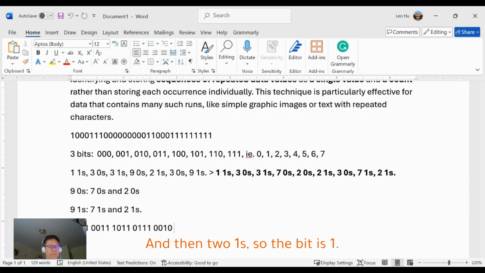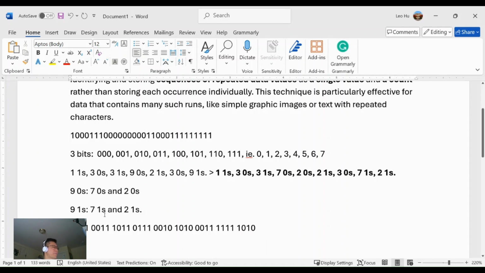And then 2 ones, so the bit is 1, and the number is 2, 0 1 0. 3 zeros, bit is 0, and then 3, 0 1 1. 7 ones, the bit is 1, and number is 7, 1 1 1. And 2 ones, bit is 1, and the number of bits is 2, 0 1 0, right?